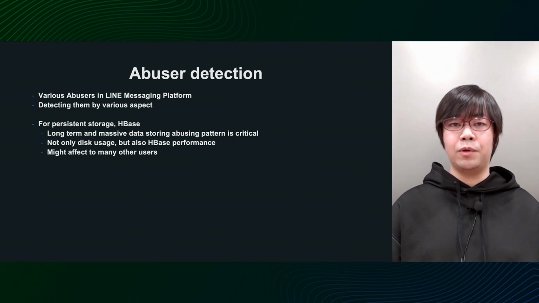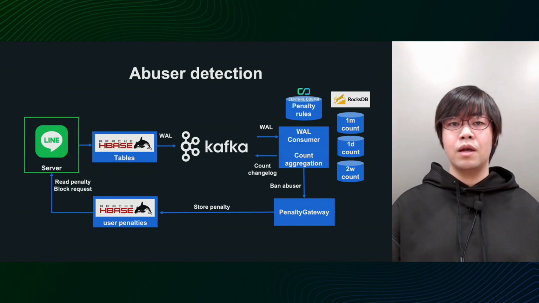This is not just a disk usage issue, as it can have a very negative impact on the performance of the HBase. If the performance of the HBase deteriorates, it will affect a very large number of users.